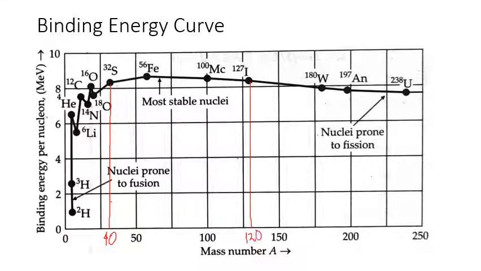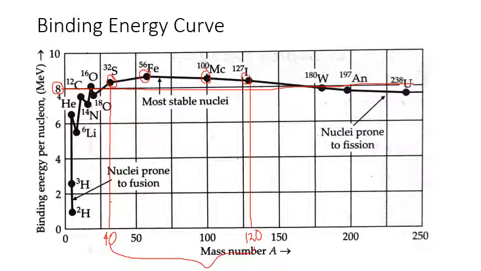So the elements in the range of 40 to 120, like your sulfur, iron, moscovium, iodine, have binding energy more than 8 mega electron volts. This line denotes your 8 mega electron volts. Can you see this element, this element, this element, and this element lie above this red line? That means they lie above 8 mega electron volts, and they are the most stable nuclei in your binding energy curve.